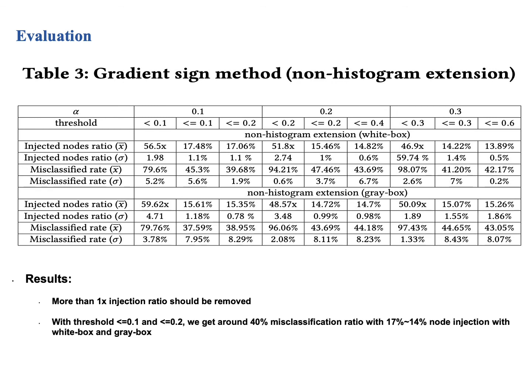If we inject one times the nodes, it doesn't make any sense, because one times node injection means that we totally change the behavior of the application. With other settings, we get a nearly 14% misclassification rate and inject only about 7 to 14 nodes.